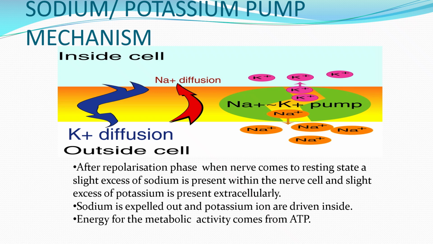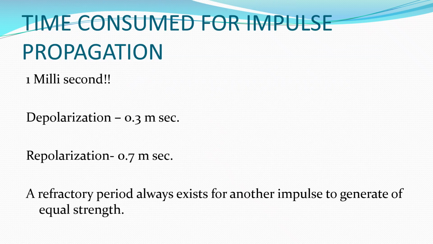The energy for the metabolic activity of the entire process comes from ATP, adenosine triphosphate. The entire time consumed for an impulse propagation is 1 millisecond. The depolarization is 0.3 millisecond and the repolarization phase is 0.7 millisecond. So a refractory period always exists before another impulse can be generated, often equal to or more than that.